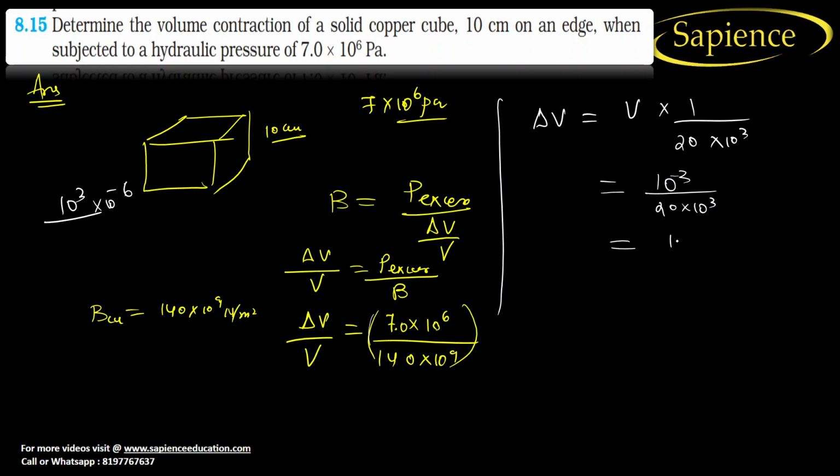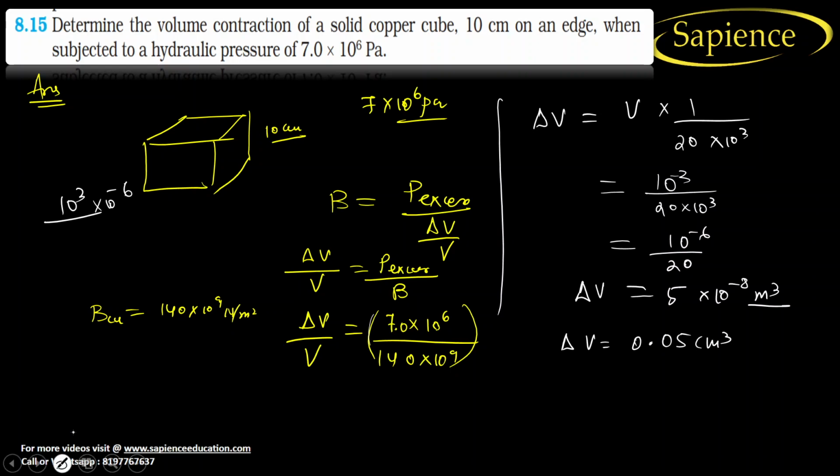So we will get 10 to the power minus 6 divided by 20, which is 5 into 10 to the power minus 8 meter cube. This is the change in volume. If you want it in centimeter, the change in volume is equal to 0.05 centimeter cube. So our solution will be 0.05 centimeter cube. I hope you have understood this.